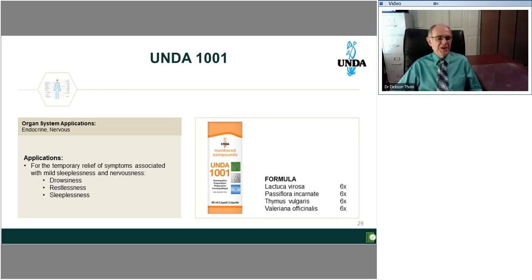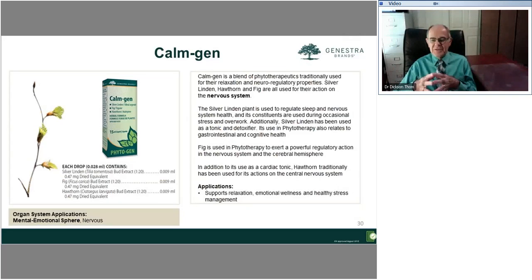This is a great combination of remedies that ultimately can support that. And then again, of course, the phytogen that goes along with that is CalmGen, which has silver linden, the ficus, and hawthorn, an interesting combination of herbal remedies to support just the calming of this nervous system.